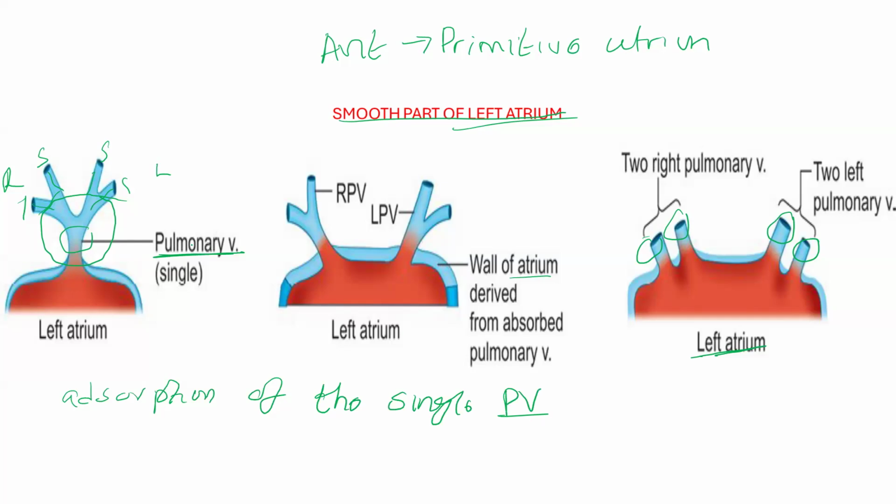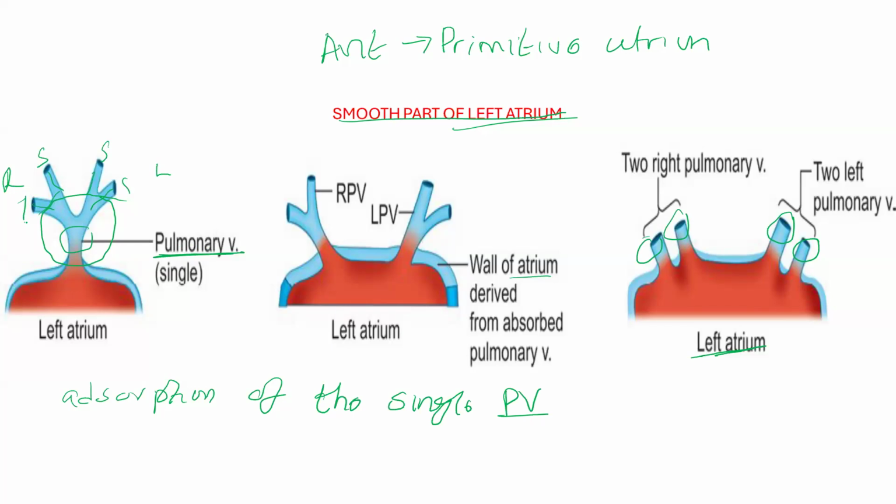Now, this was a single pulmonary vein receiving tributaries from the superior and inferior pulmonary veins. From your gross anatomy, you know that you have four pulmonary veins opening into the left atrium, right? But that was not the case initially.